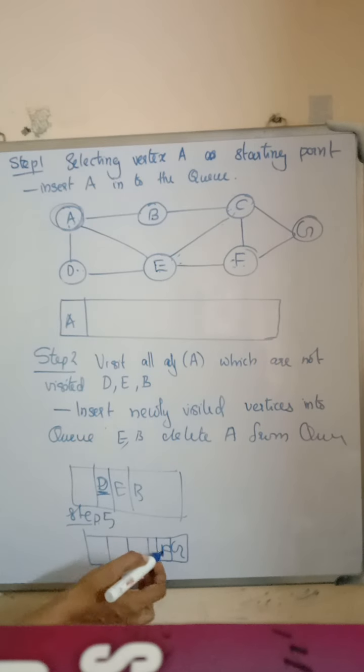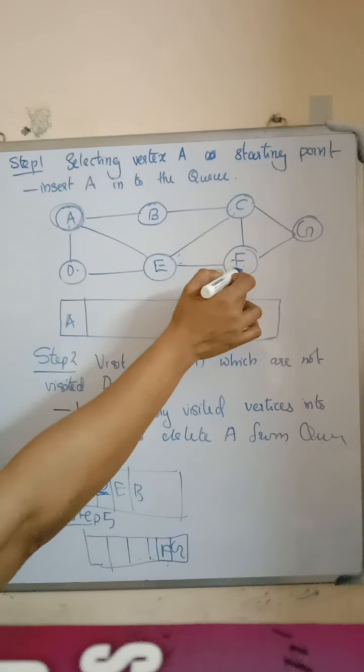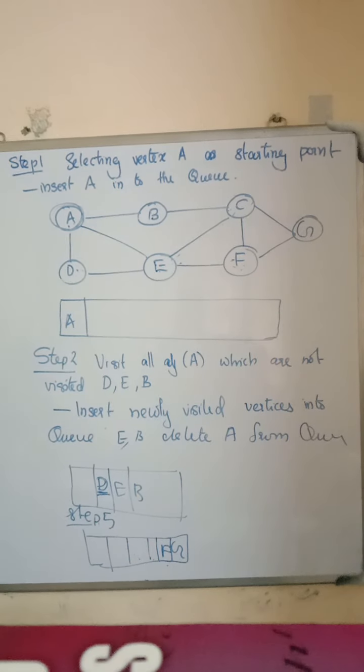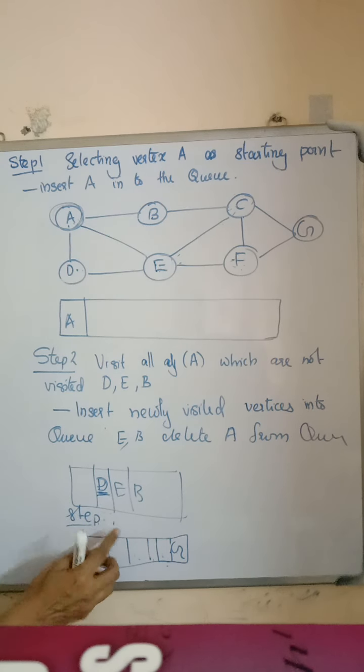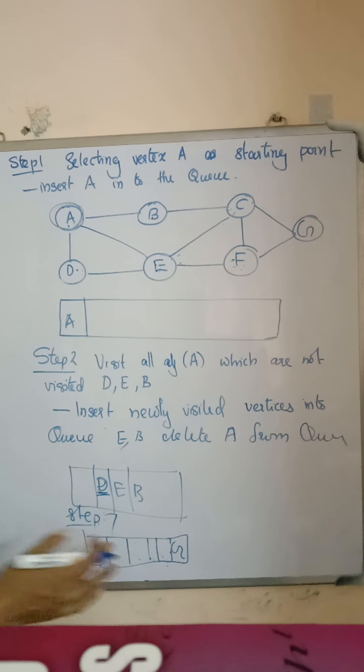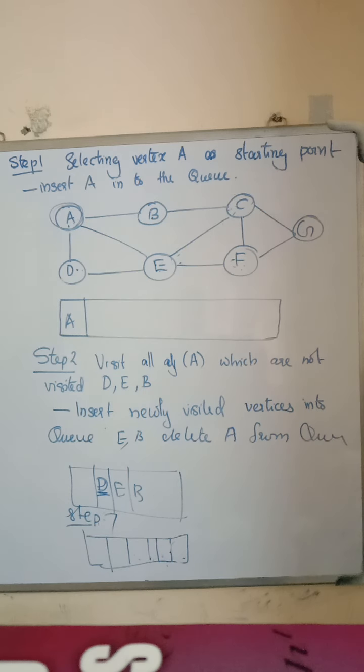Now visit the adjacent vertices of F. Adjacent vertex of F is G. G is already here, so delete F in the 7th step. In the 8th step, we visit the adjacent vertices of G, but there is no vertex adjacent to G which is not visited. So delete G from the queue.